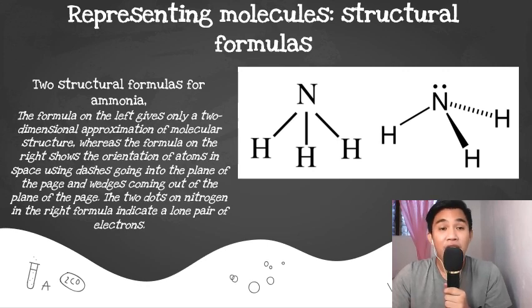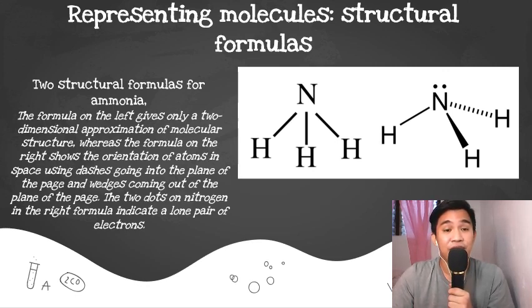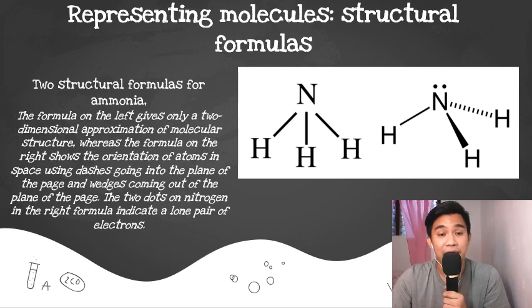The formula on the left gives only a two-dimensional approximation of molecular structure, whereas the formula on the right shows the orientation of atoms in space using dashes going into the plane of the page and wedges coming out of the plane of the page. The two dots on nitrogen in the right formula indicate a lone pair of electrons.